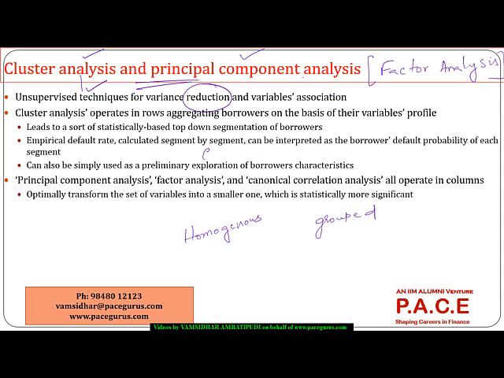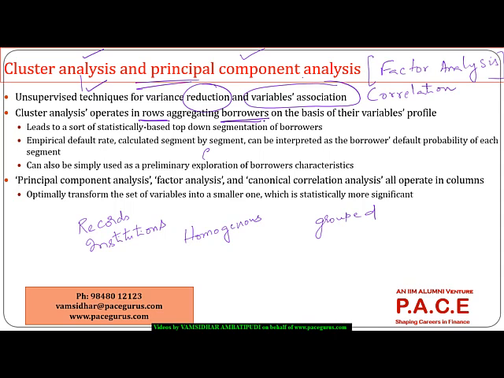Whereas principal component analysis is trying to reduce the correlation between the various variables. It is trying to remove the correlation between the various variables. When we talk about data, cluster analysis is more about the various records or institutions and the groupings that I can do to make them homogeneous.